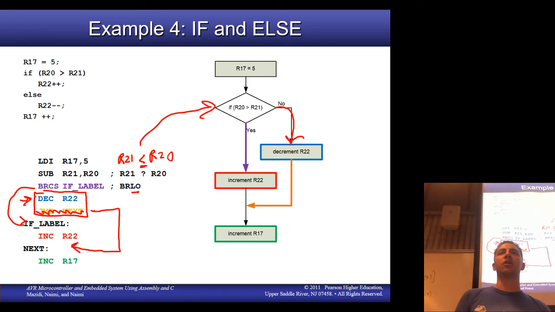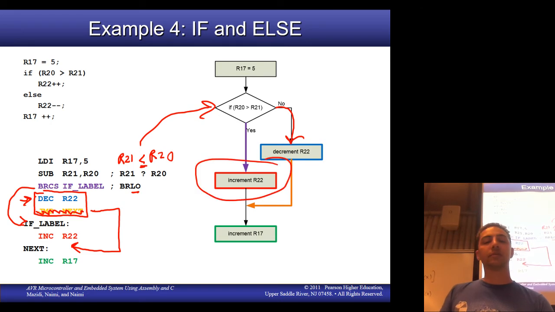So we decrement R22 and then we increment R22. That's obviously not what we want to do. That's not helpful at all. Because if you increment and then decrement, you haven't done anything, except waste some processor cycles. So you need that unconditional jump to jump past the red block.